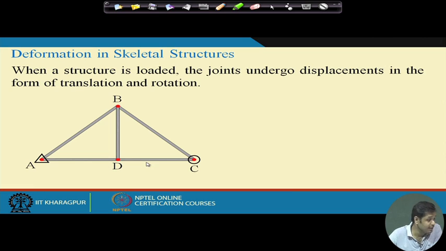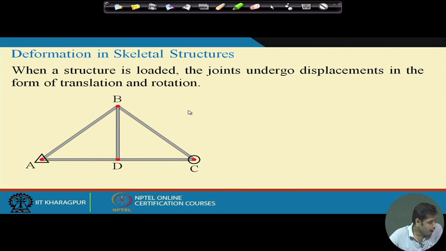It is a statically determinate truss, because it has four joints, so the number of equations available is 8. How many members does it have? 1, 2, 3, 4, 5 members, and then 3 reactions, so 5 plus 3, total 8 unknowns and 8 equations available. It is a statically determinate structure.